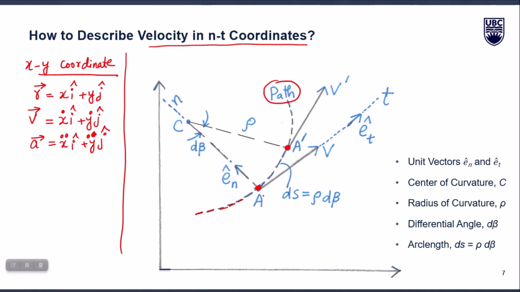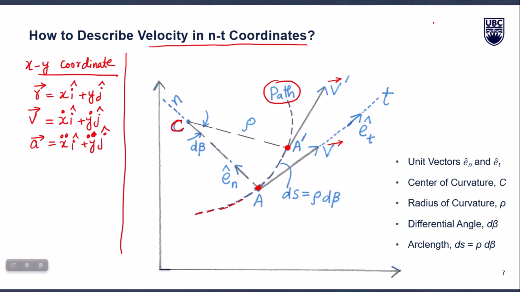The value of the velocity vector at point A will be denoted by v vector, and similarly the velocity vector at A prime is v prime vector. If you consider A A prime as an arc which is part of a big circle, then you can also locate the center of curvature. So let's define capital C as the center of curvature, right?